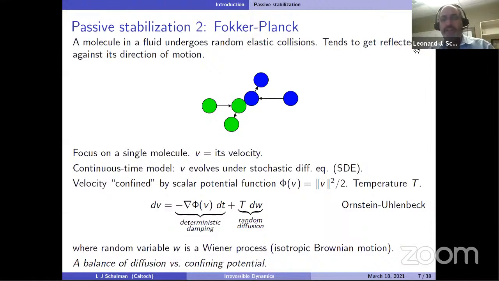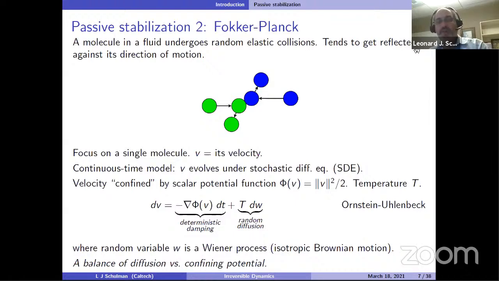And the way we model it in this process is, well, I give you the equation here. I'm starting here with the really stochastic equation, which is that the differential of the velocity is the sum of two components.